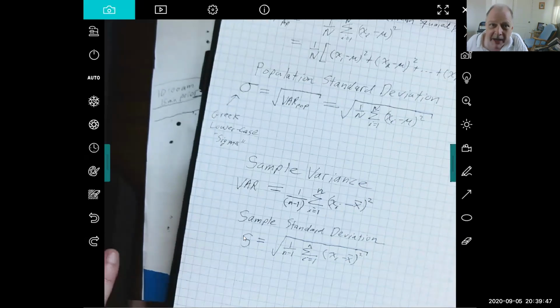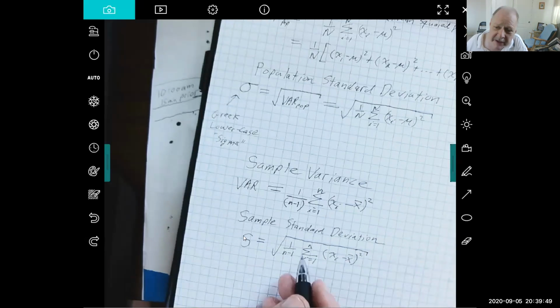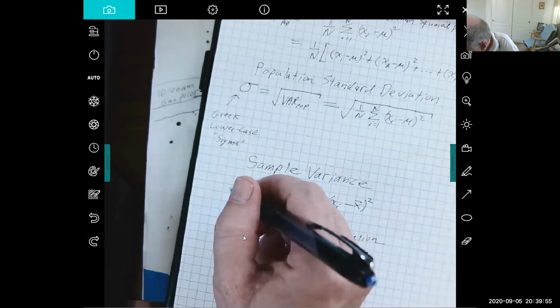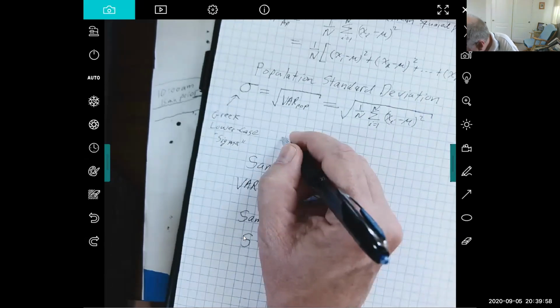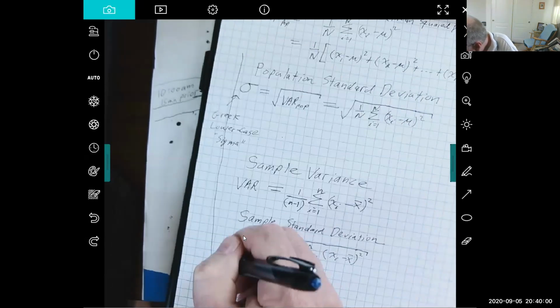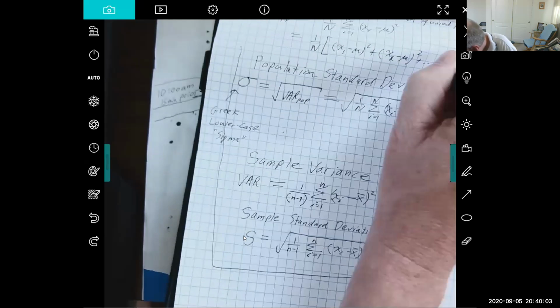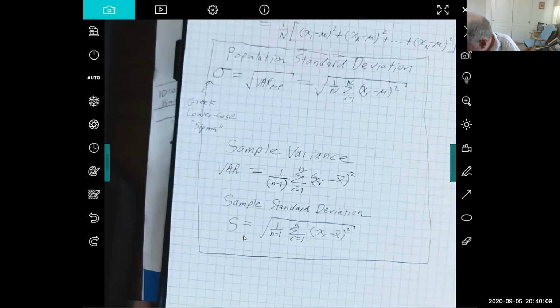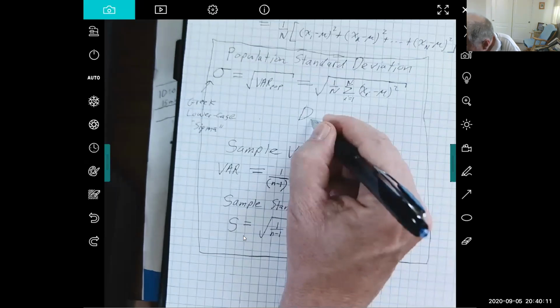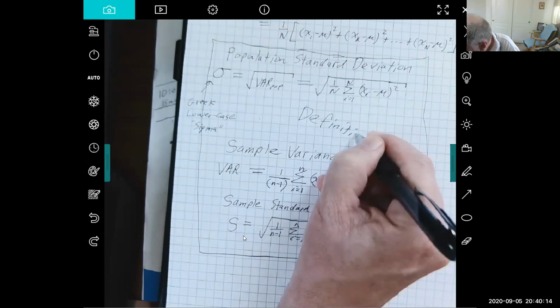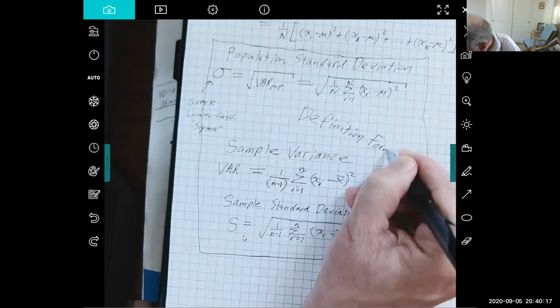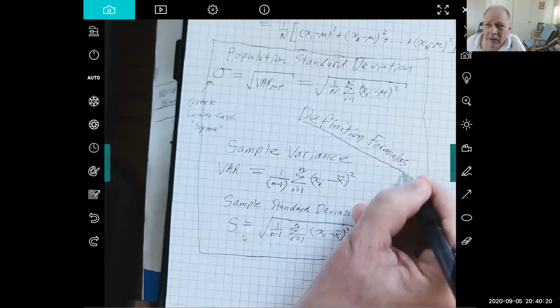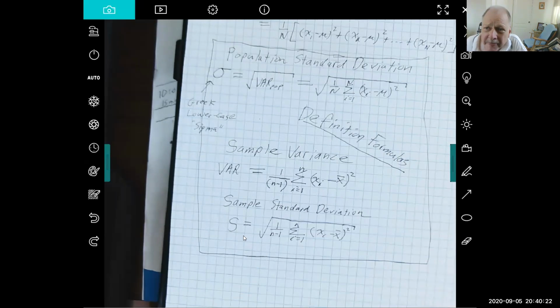So if you're going to work this out by hand, straight from this definition formula, all three of these are the definition formulas for the standard deviation and variance.